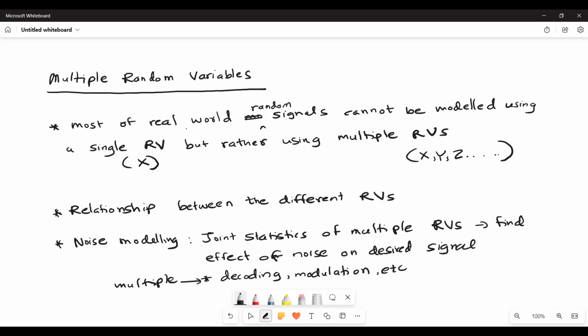We want to find out the multiple random variables and their functions. We need their probability density functions and cumulative density functions, and using those we can try to decode and gain the information of the received signal.